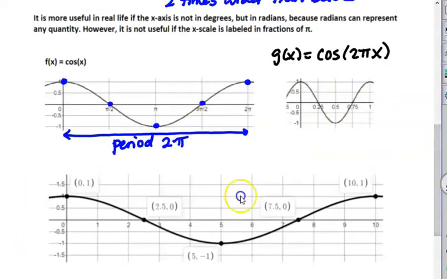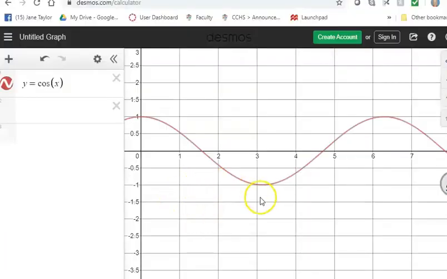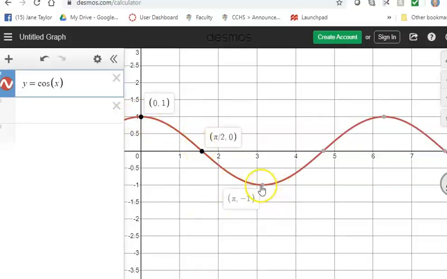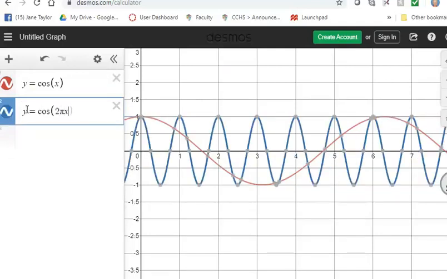So let's double check this on Desmos and see how this works. So if we go to Desmos, here's a cosine graph, here's my key points at 0, 1, pi over 2, 0, pi, negative 1, 3 pi over 2, 0, 2 pi, 1. Now let's add another equation in. Let's change this now to y equals cosine of 2 pi x.